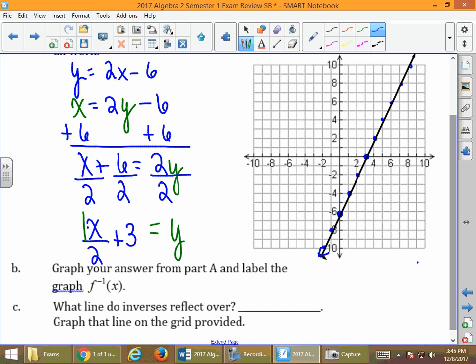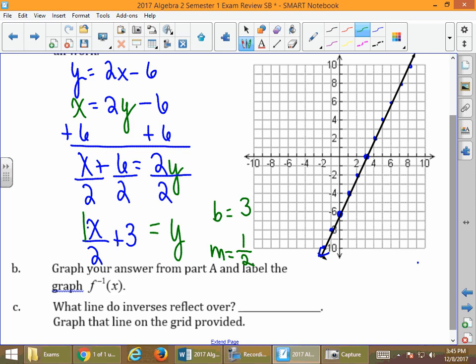The reason I did that is because we have to identify the y-intercept and the slope of this line. The y-intercept is the constant value, which is 3. And our slope, now that we put the 1 in there, is 1/2.